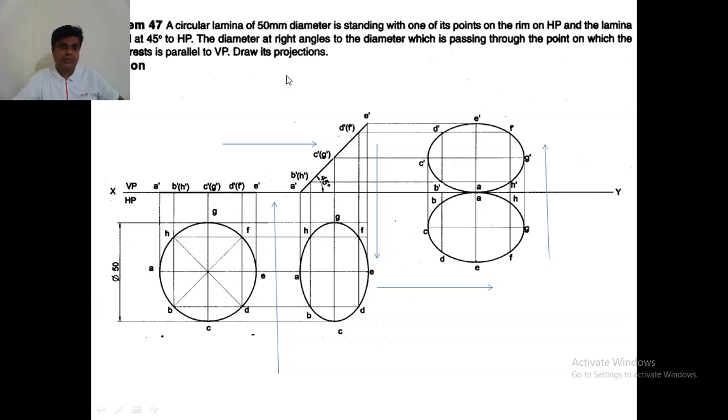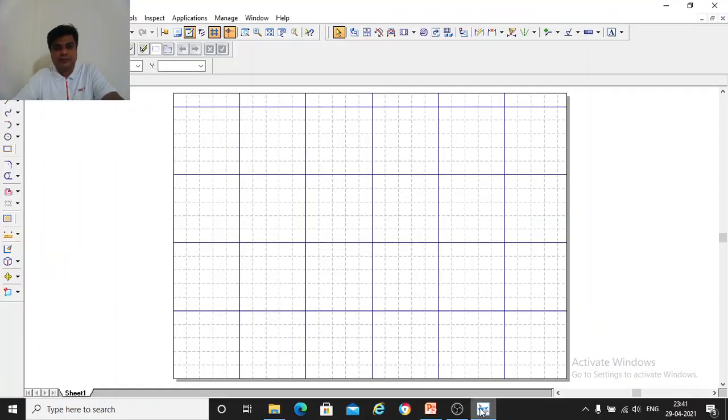So the conditions will be the same as the previous problem. The only difference, as I told you, is that the plane is circular, the lamina is circular in shape, and the diameter is given as 50 mm. So now we'll go to the drawing sheet. Here we have an A4 size drawing sheet, and as usual you start by drawing the XY line first.